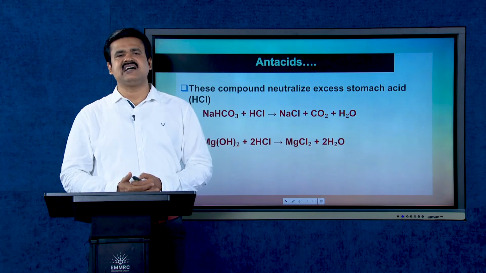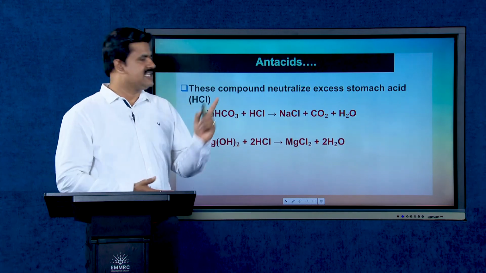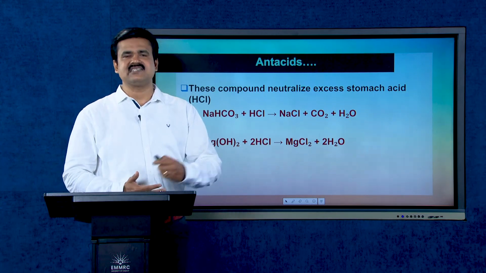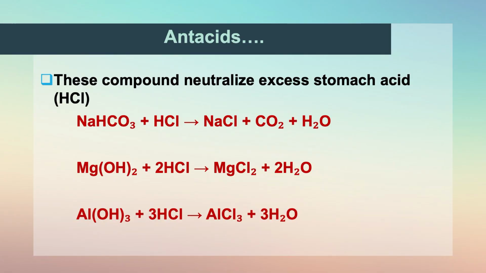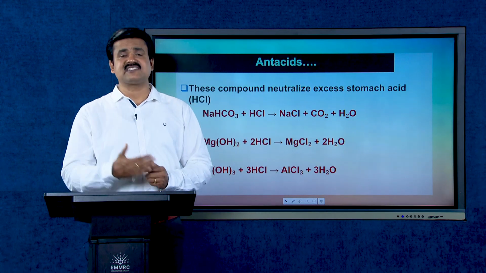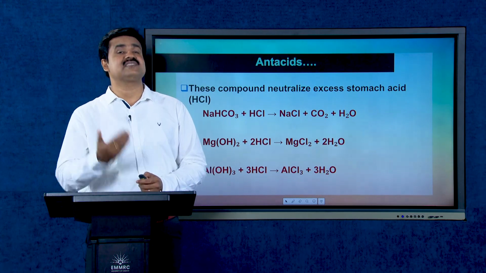If the antacid has magnesium hydroxide, it neutralizes the stomach acid hydrochloric acid by this equation, that is Mg(OH)2 plus 2 HCl gives MgCl2 plus 2 molecules of water. The base present in antacid may be aluminum hydroxide also.